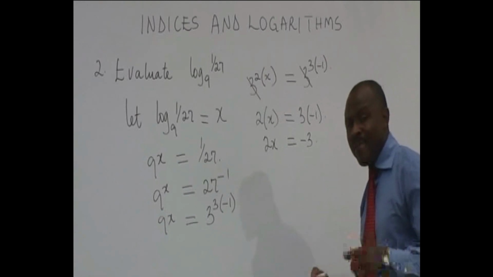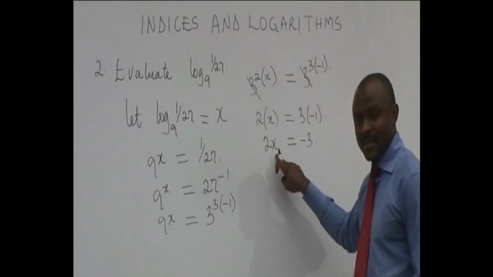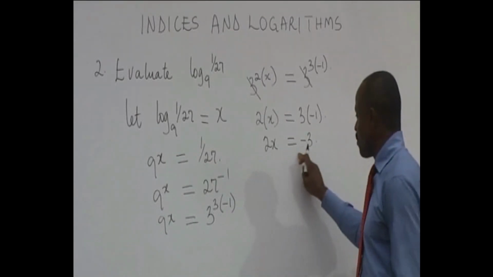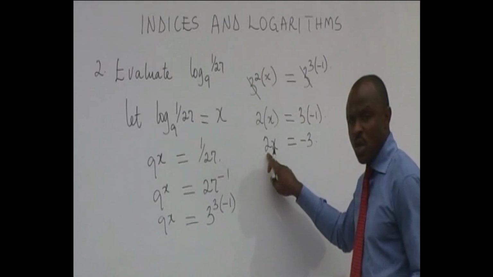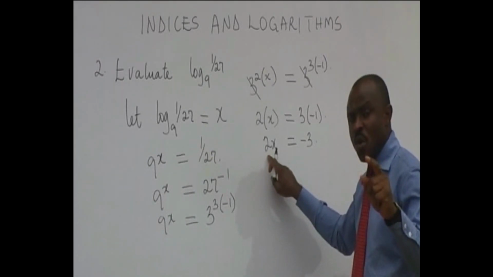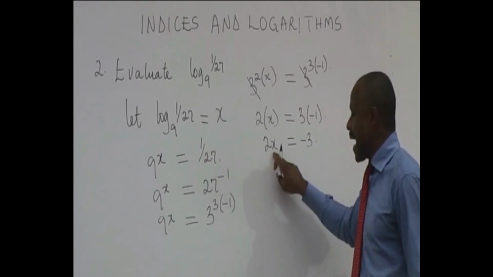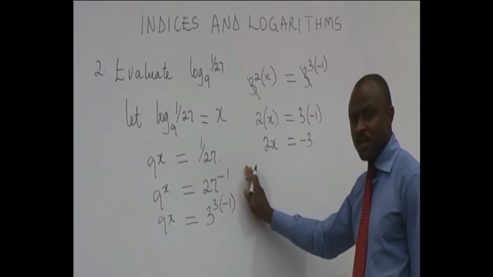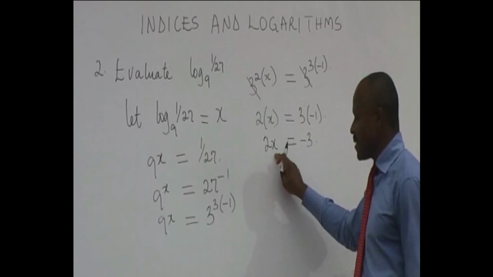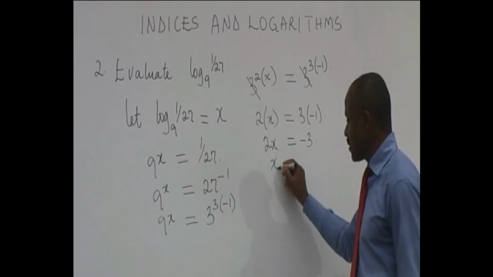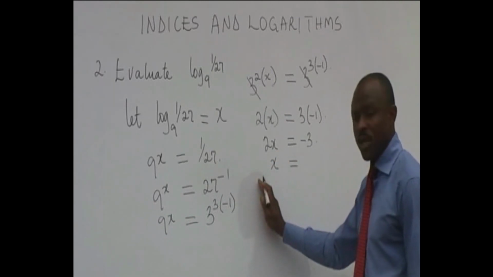Now you are finding x. You are going to divide both sides of the equation by 2 so as to eliminate 2 from the coefficient of x in the left-hand side of the equation. If you divide 2x by 2, you'll be left with x in the left-hand side of the equation.